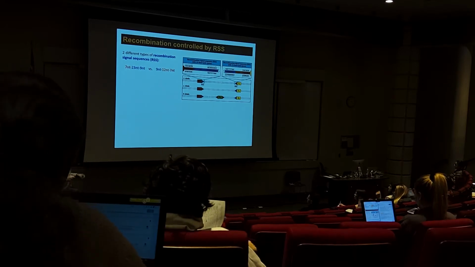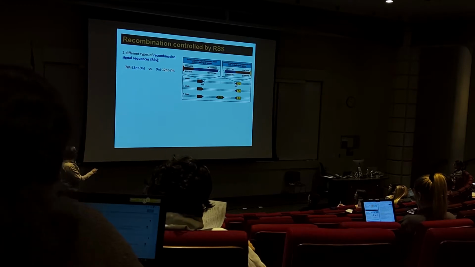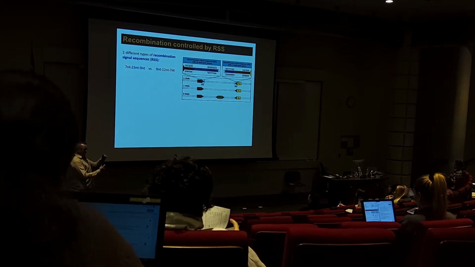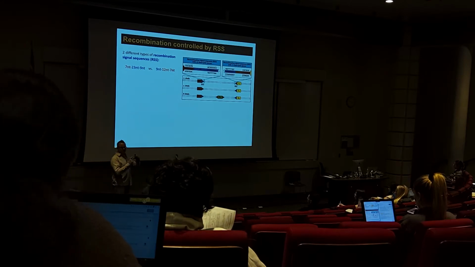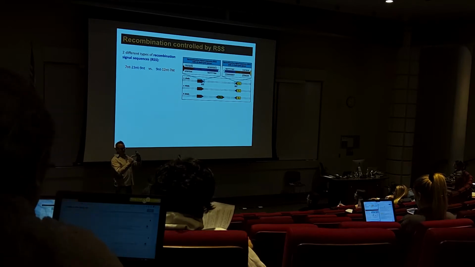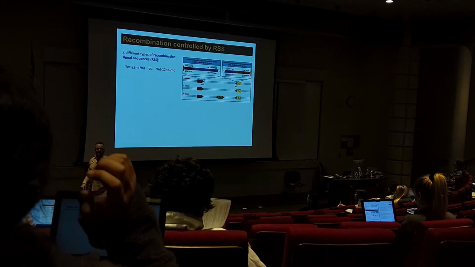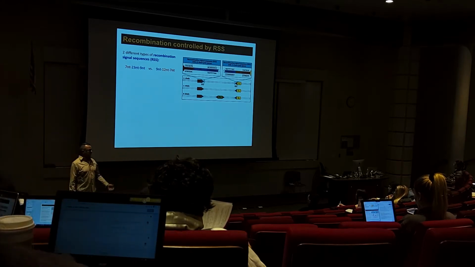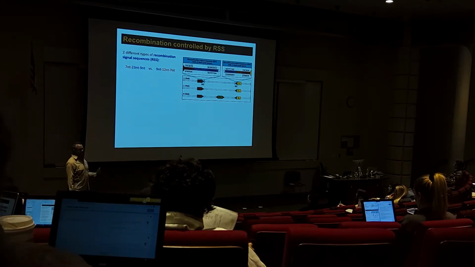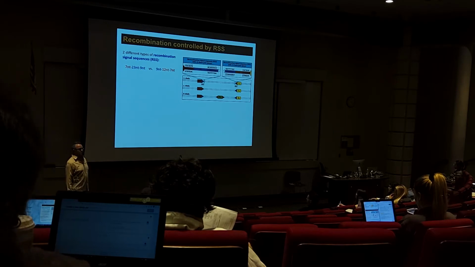And so really, it's matching up these two sequences over here, but you have to have this sort of bulge. Okay, so it's sort of sticking these two, the heptamers and the nonamers together. But then if you've got a different number of spacers, it creates sort of a bulge in the DNA, and that allows the enzymes that cleave the DNA to recognize that, yes, I can join these together.